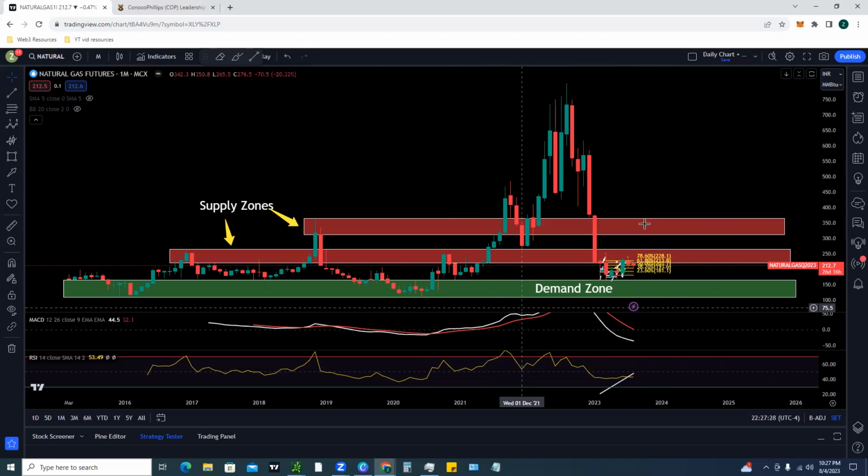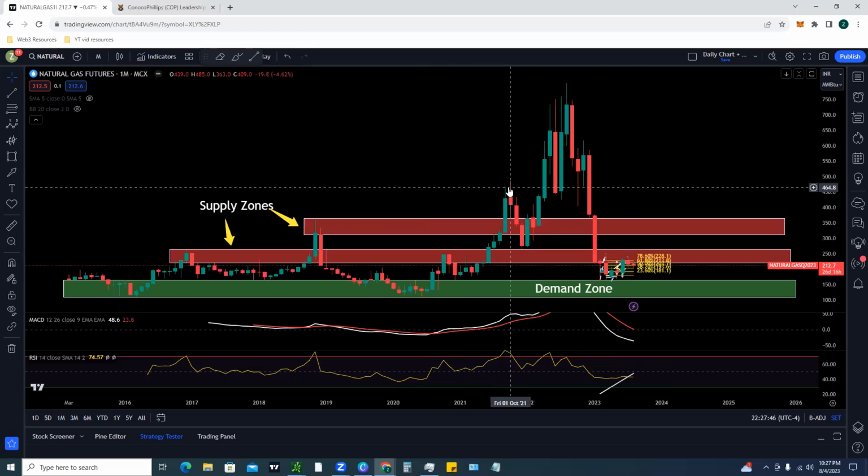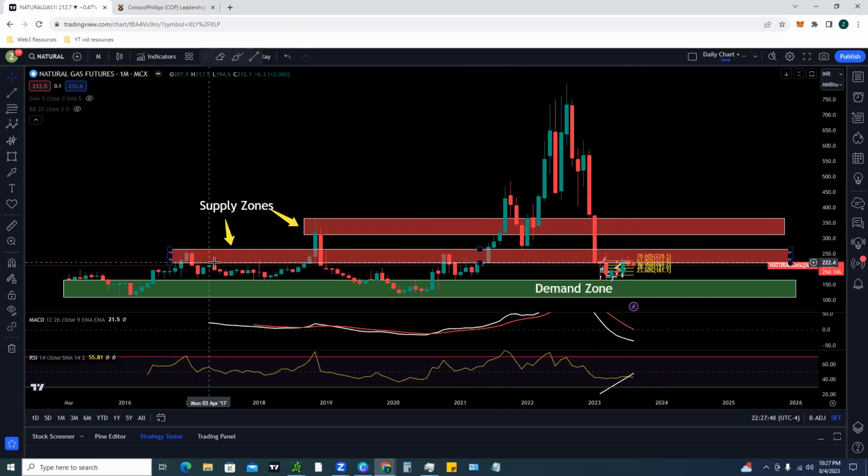So, from a macro perspective, we still have this very strong demand zone, and really we've just been doing nothing but consolidating. And it's not uncommon for us to do this, right? You can see here, we zigzagged in between these supply and demand zones before getting the strong push up, right? And you see that's happened over here as well.